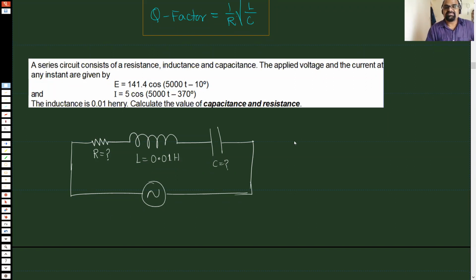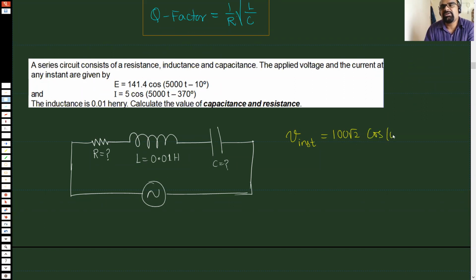Now, the instantaneous voltage is given as 141.4. And by the way, 141.4 is basically 100 root 2, because root 2 is 1.41. So instead of writing 141.4, I will write 100 root 2. It's the same thing.